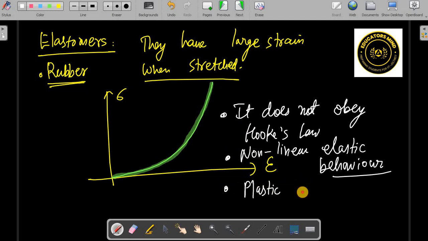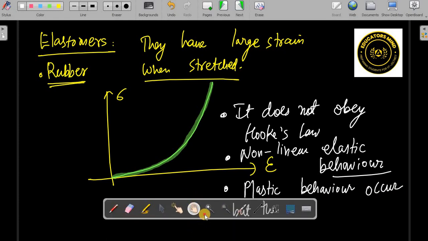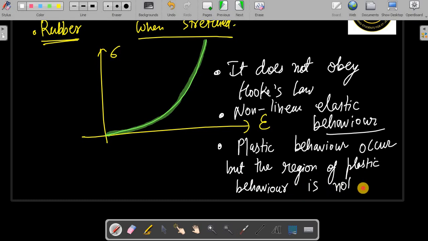Plastic behavior occurs, but the region of plastic behavior is not well defined.